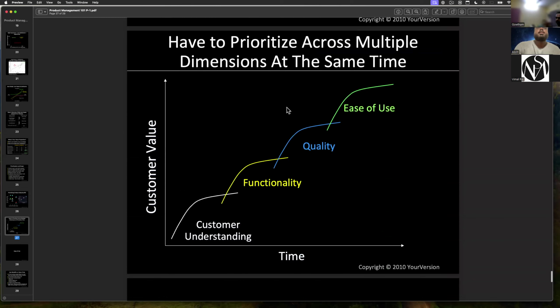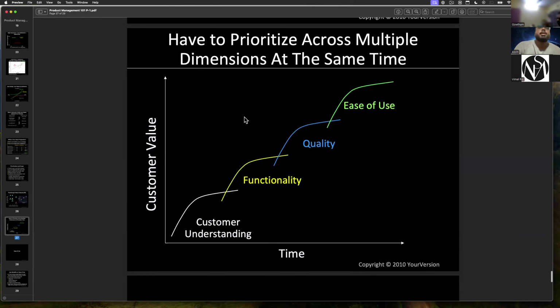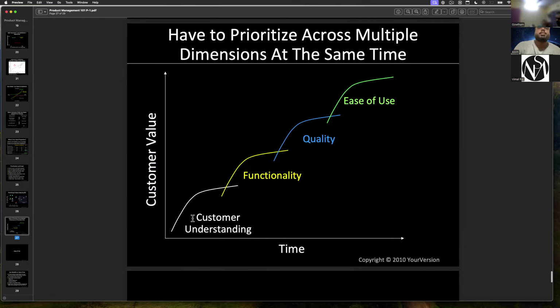Good. Next, how to prioritize across multiple dimensions. I already told you multiple times. Yeah, so this is one other dimension. Time, customer value. Okay, so customer understanding, functionality, quality, ease of use. So you have the product with you now. Let's say Wim's enterprise, you have it, and it's really working properly and its quality is better than competitors, all those things.